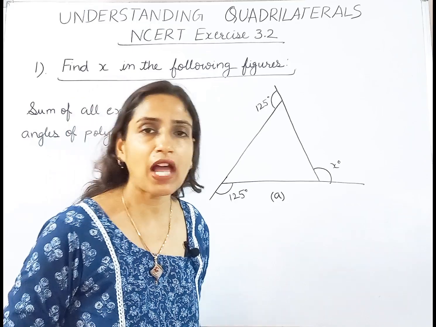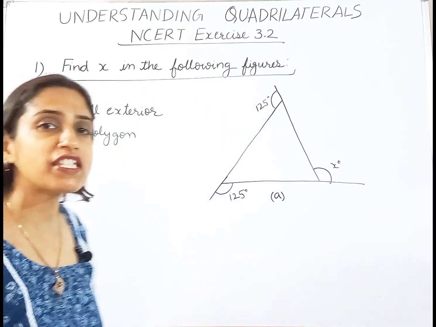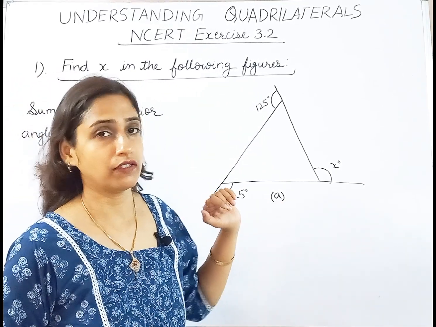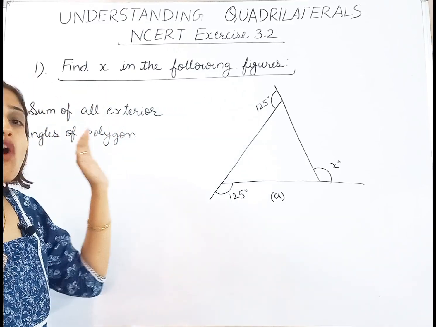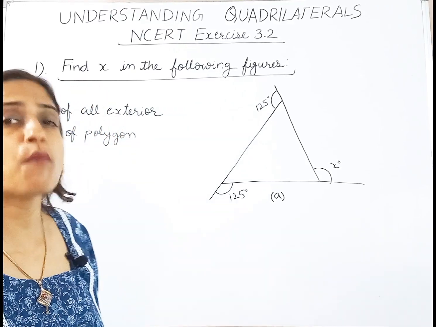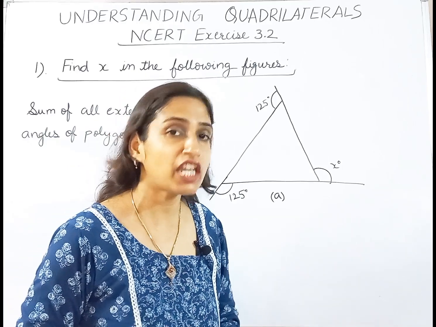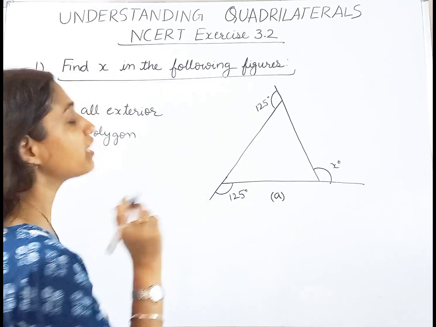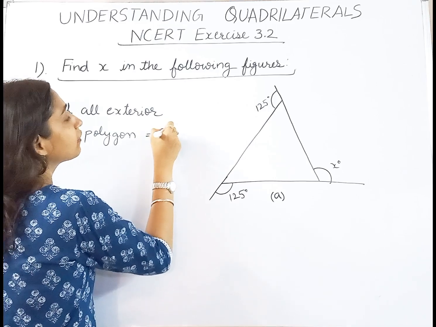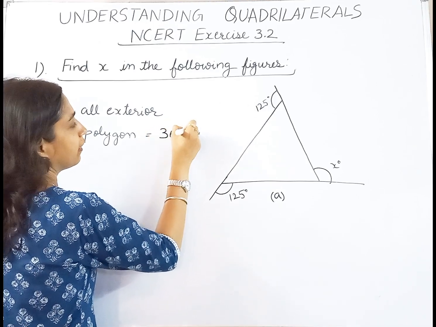We are going to apply the property of the sum of exterior angles of a polygon. So, what does the property say? That the sum of all exterior angles of a polygon is always equal to 360 degrees.